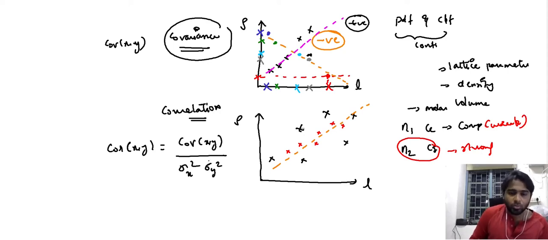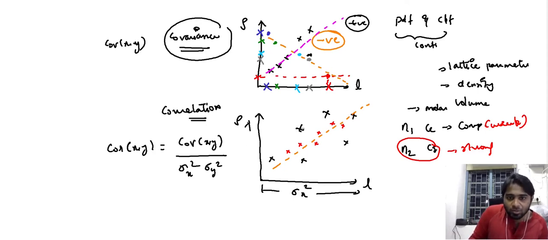So we are taking the ratio of the covariance of the variables with respect to the product of the variances of these variables. The variances pertain to these scales here. So here we estimate the variance of the lattice parameter. x is the lattice parameter, so the variance of this lattice parameter is estimated along the scale.